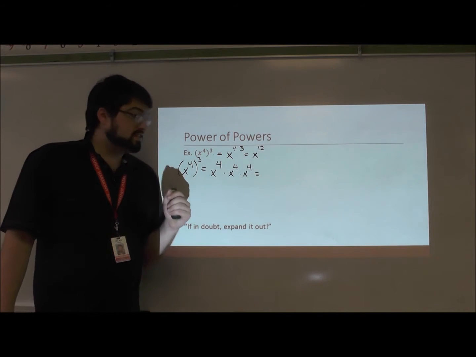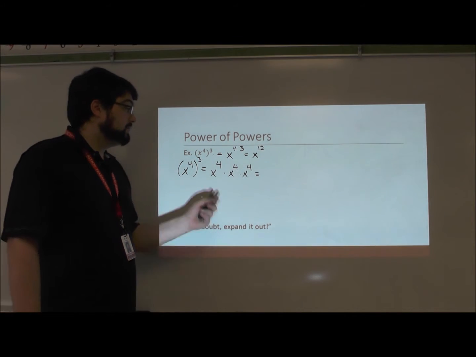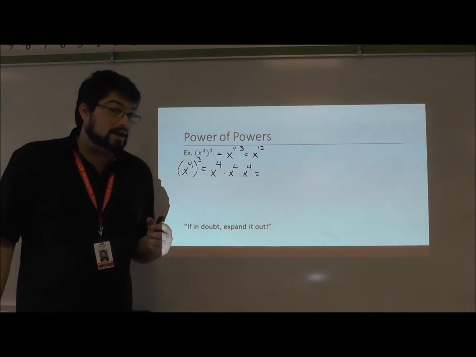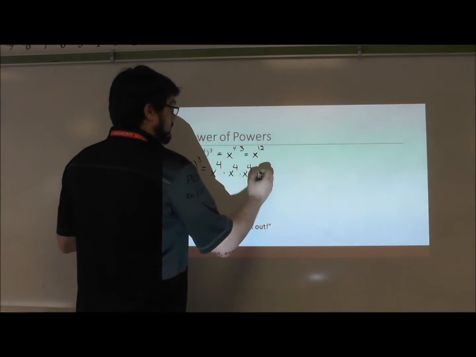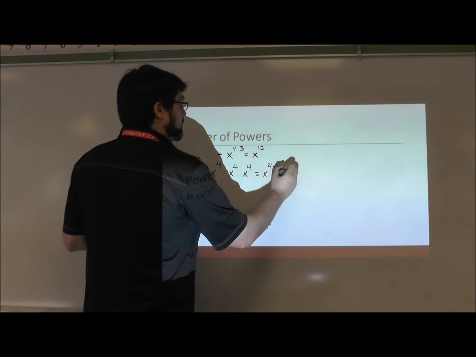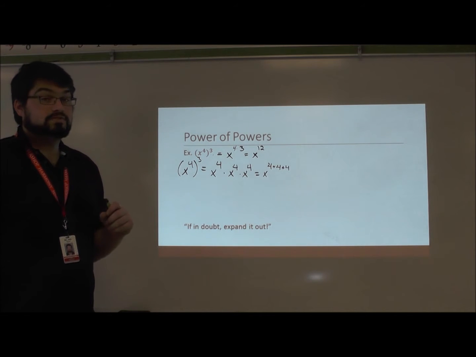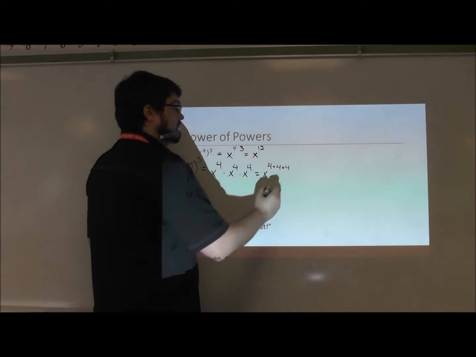Like I said in the previous example, this now becomes the product of powers, which means I can just add those powers together. So it'll be x, 4 plus 4 plus 4. And 4 plus 4 plus 4 gives us 12.